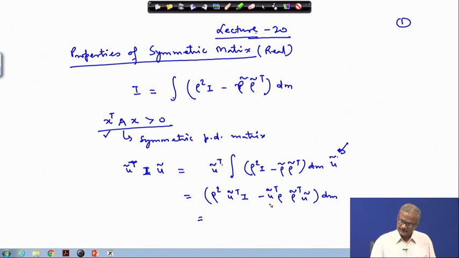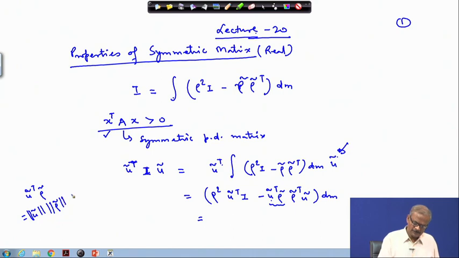If we look at this quantity, this is vector u and this is vector rho tilde. The angle between these two, u tilde transpose rho, we can write as u tilde magnitude times rho tilde magnitude times the cosine of the angle between these two vectors, gamma. So, we can write it as cos gamma.